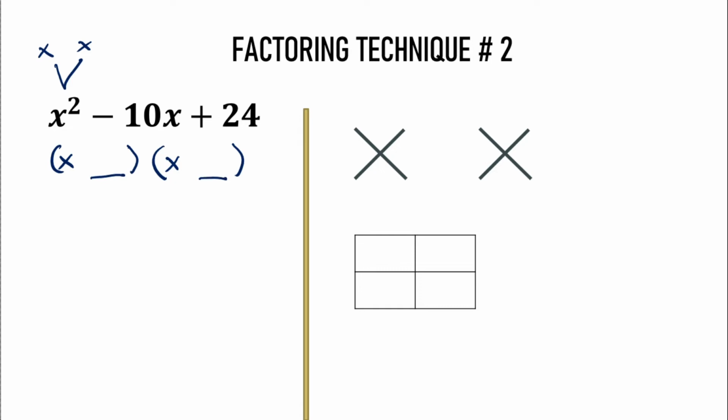Sabi ko kanina, to factor this trinomial, after the first term, i-factor out natin yung 24. So, alam nyo na, maraming mga factors ng 24. Ang pipiliin lang natin na factors ay kapag i-add natin yung dalawang factors, magiging negative 10.